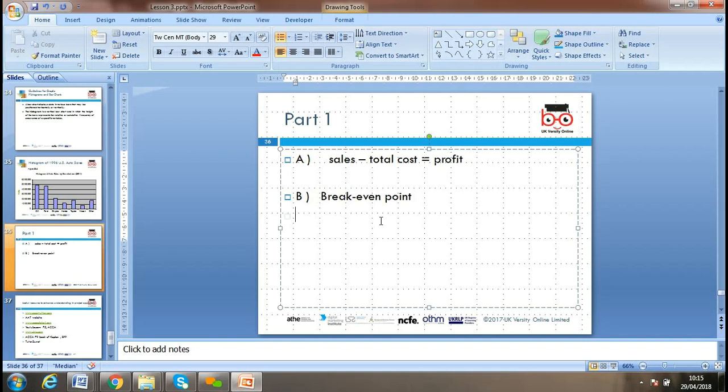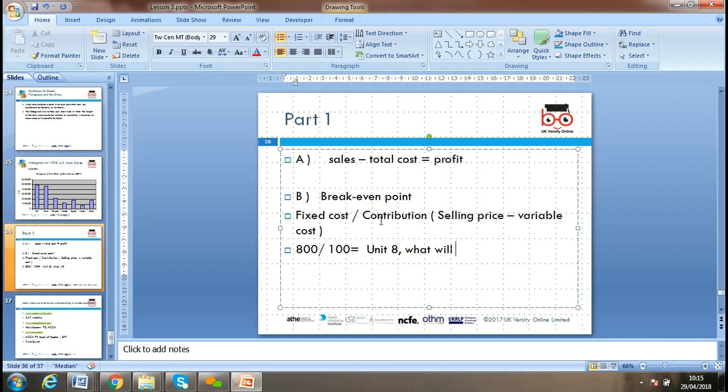Fixed cost divided by contribution, and contribution equals selling price minus variable cost. So now we have fixed cost 800 divided by 100, which is 100. So break even is 8 units.